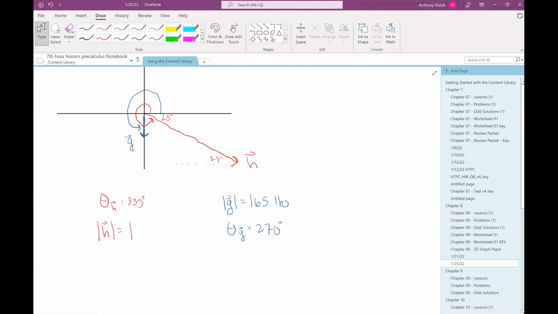Everybody feel okay with how I've gotten the magnitude and direction for the two vectors and where I pulled the information for the two vectors from in the story problem? This tends to be the most difficult piece.